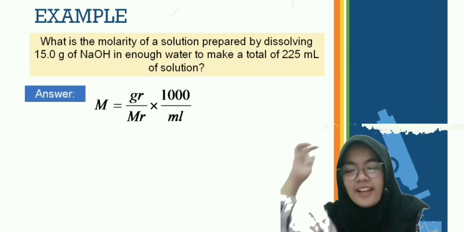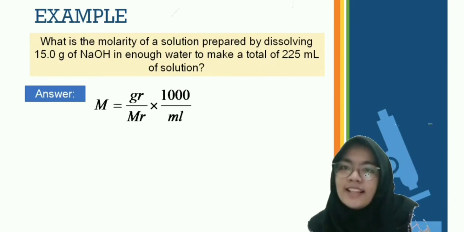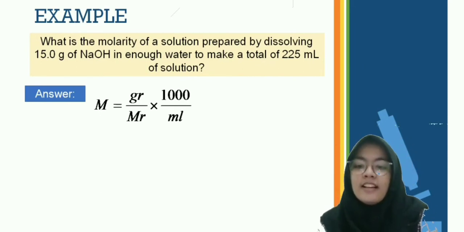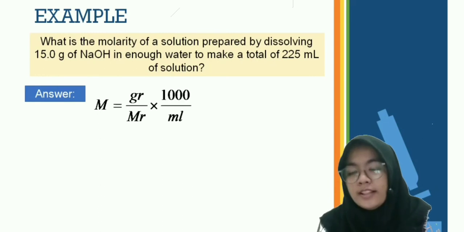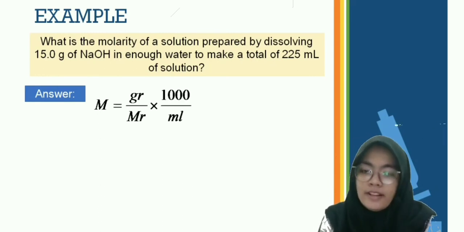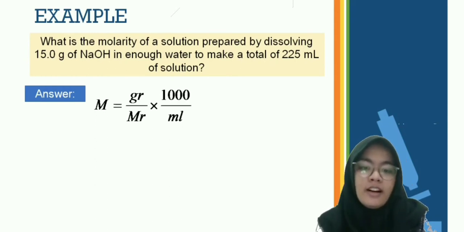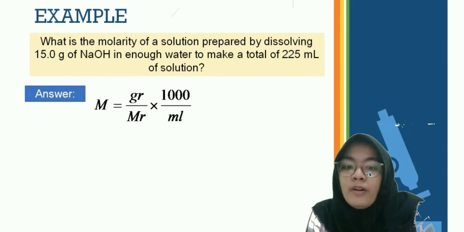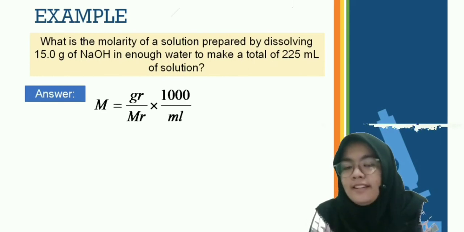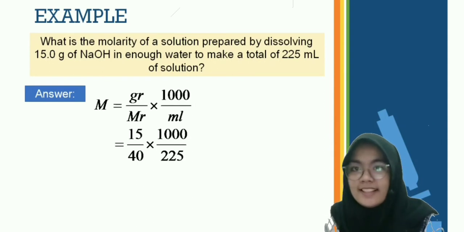We will answer it together with the calculation. Molarity is the gram of the solid divided by the relative molecular mass, times 1000, divided by the volume of the solution in milliliters. So we change it with the data that we have in the question.